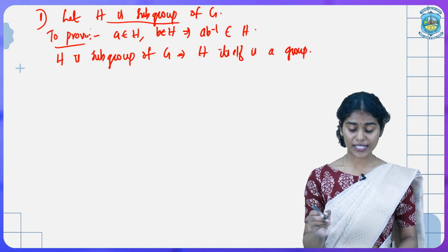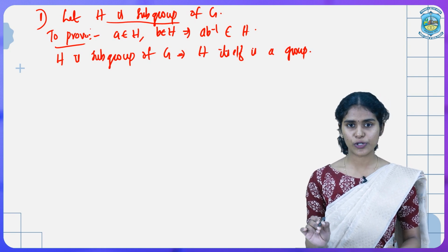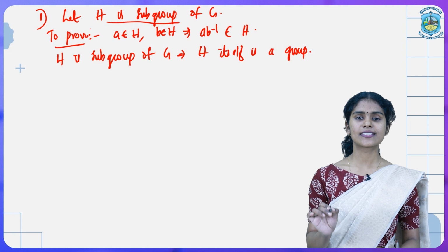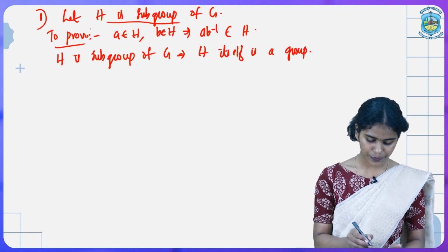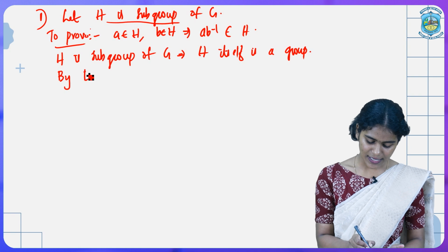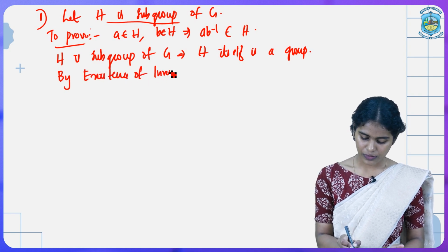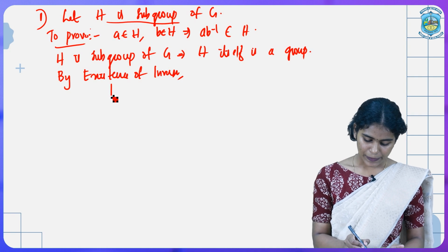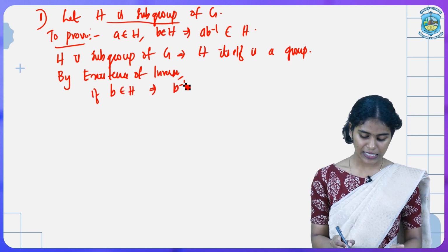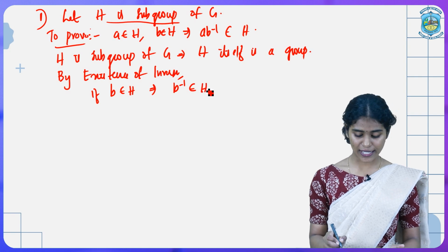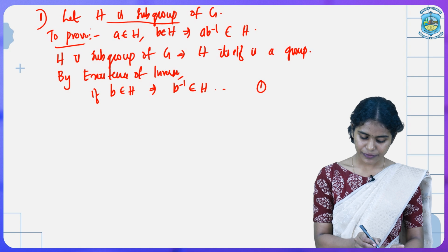When H itself is a group, then it satisfies all the four axioms, that is closure property, associative property, existence of identity and existence of inverse. Now, by existence of inverse, what can I say? If B is an element of H, then B inverse also should be an element of H. Mark it as equation number 1.